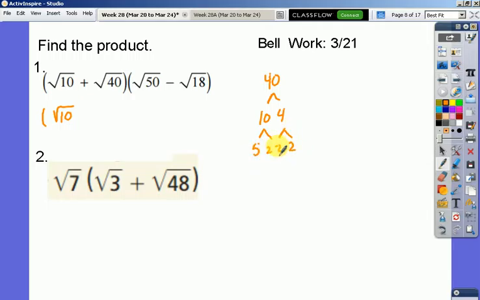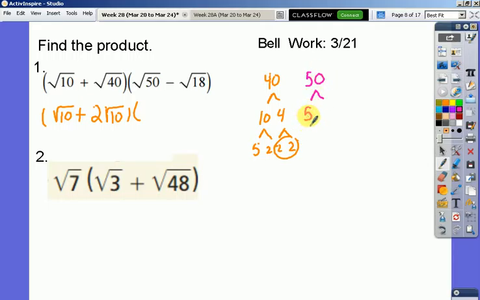So when I simplify that, I'll have square root of 10 plus, you take out 1, 2, so 2 square root 10.